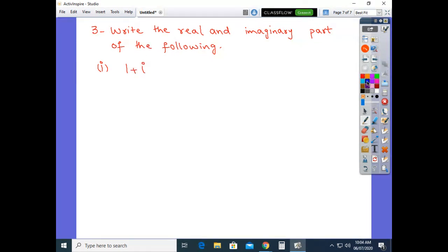First of all, what is the real part and what is the imaginary part? As we know, a complex number is written in the form of a plus b iota or a plus iota b.